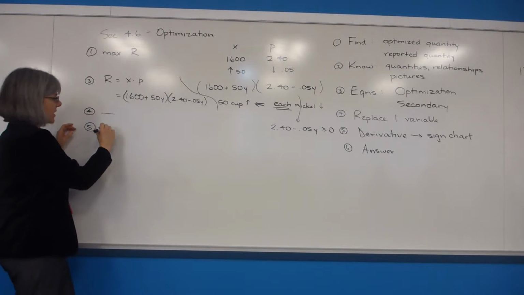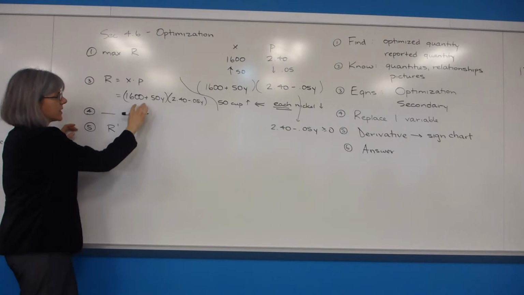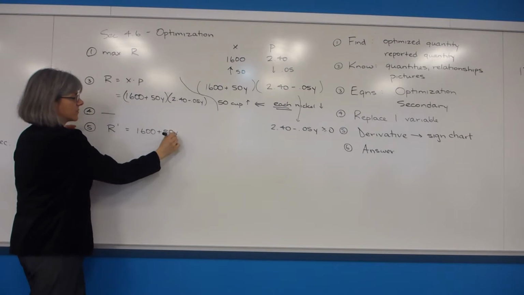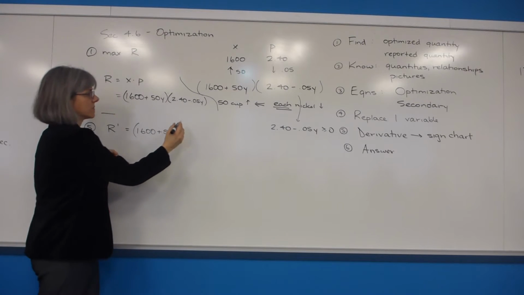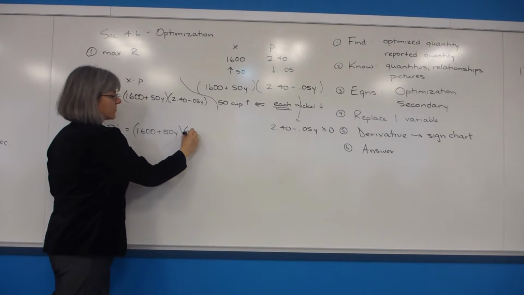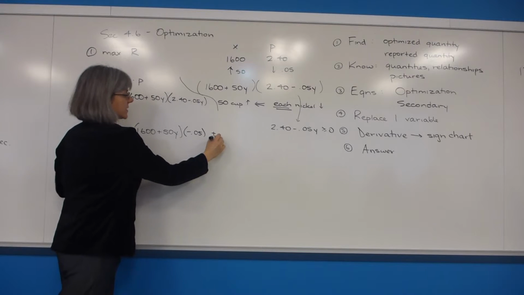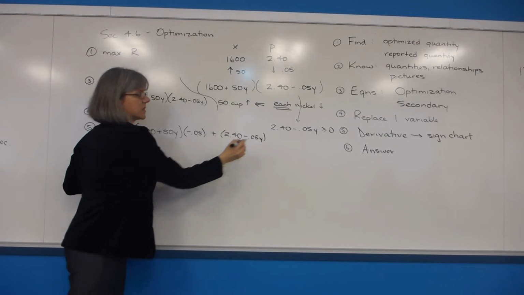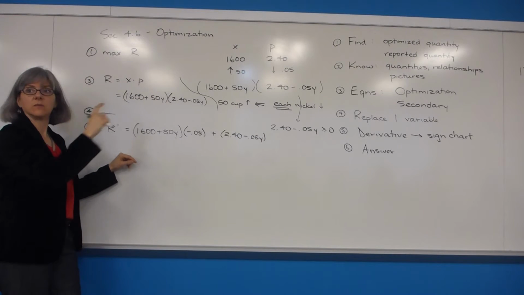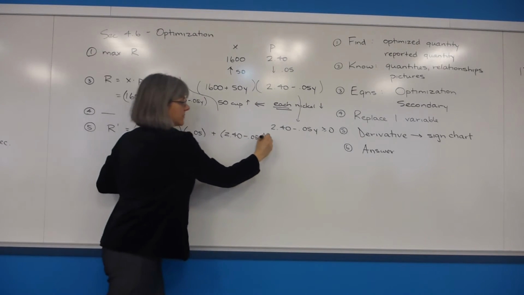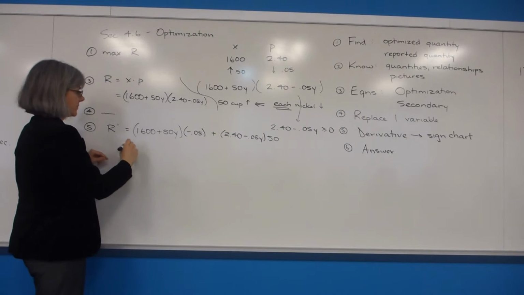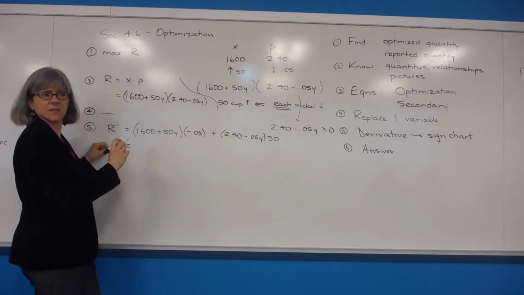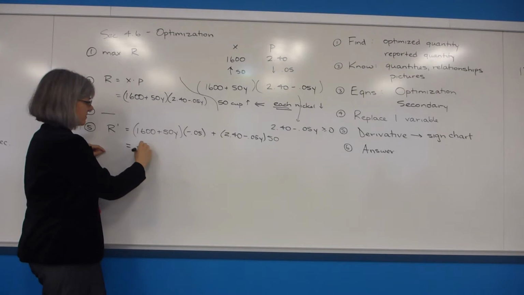So the first times the derivative of the second, which is negative 0.05, plus the second times the derivative of the first, which is 50. Negative 0.05 times 1,600 is negative 80.